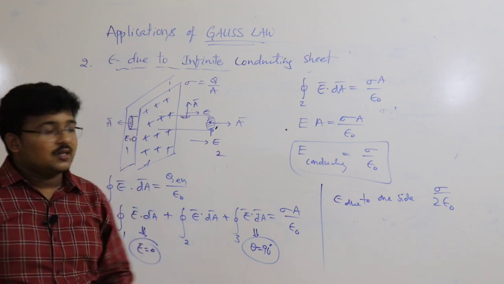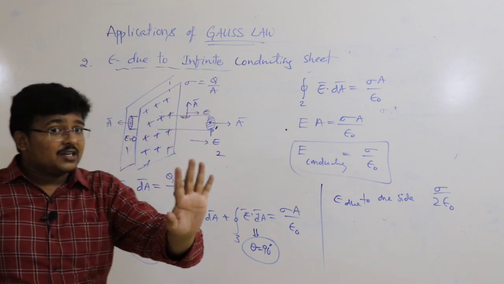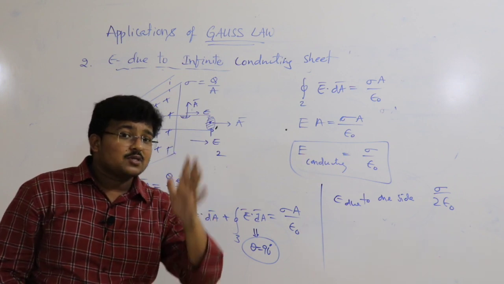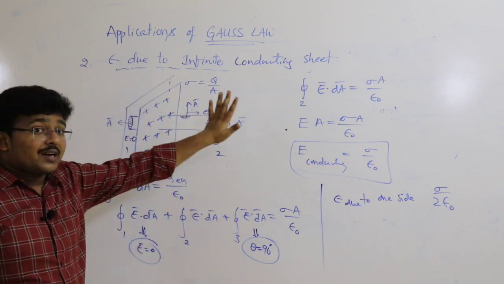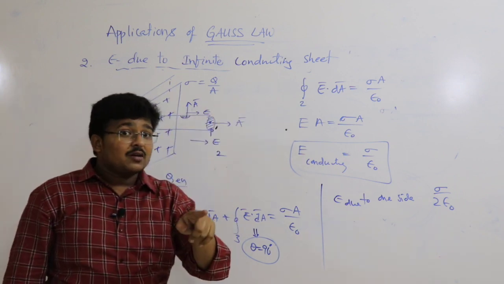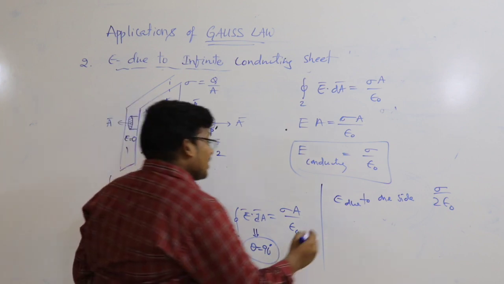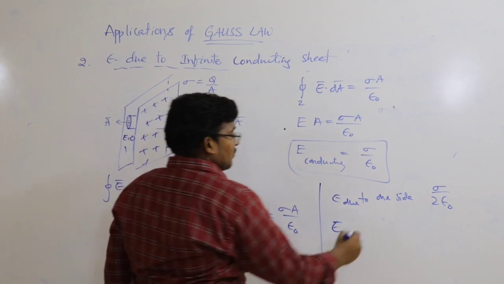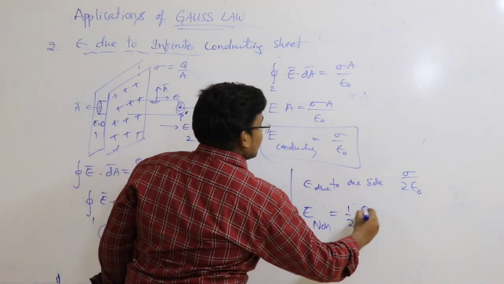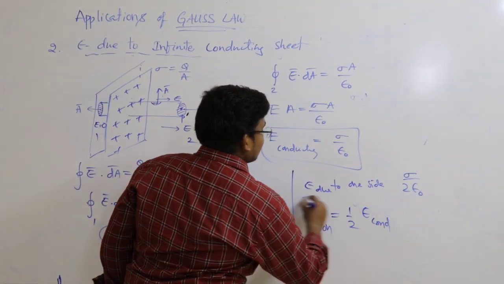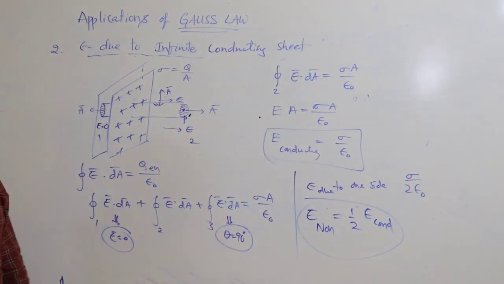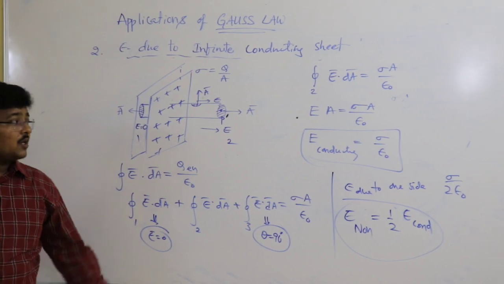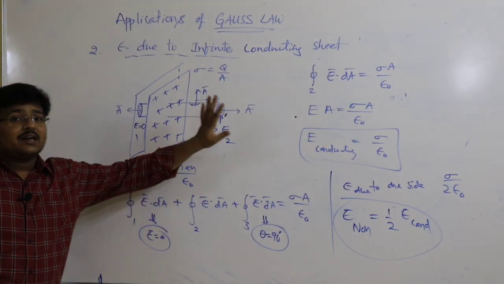That is the main difference. So you just learn the formulas by heart, and I will tell you how they will be useful in solving problems. For a non-conductor sigma by 2 epsilon naught, for a conductor sigma by epsilon naught. So E due to a non-conducting sheet is half of the E due to a conducting sheet. Okay? So next class we will discuss the problems based on conducting sheets.